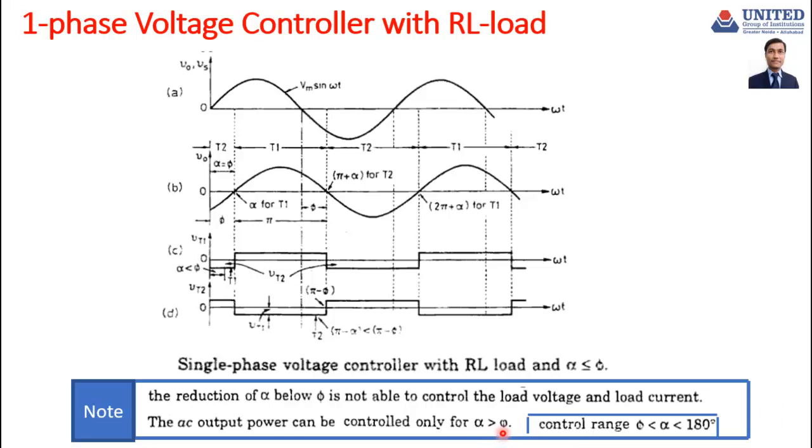Here it is noted that for alpha less than or equal to phi, gamma remains equal to pi. Gamma is beta minus alpha. Therefore, the control range of firing angle in a phase control AC voltage controller is between phi to 180 degrees.